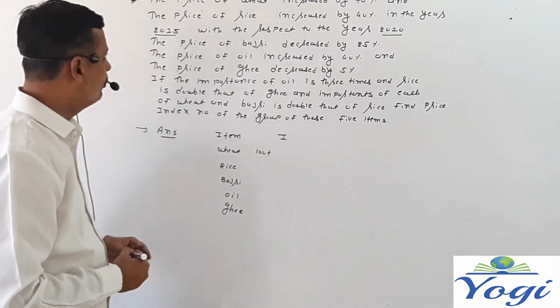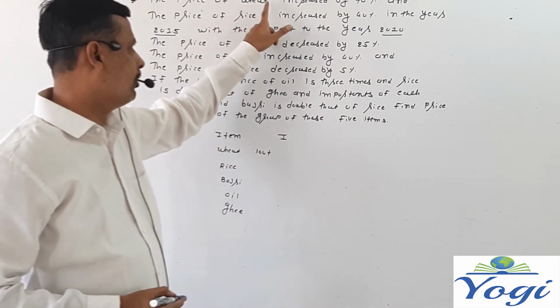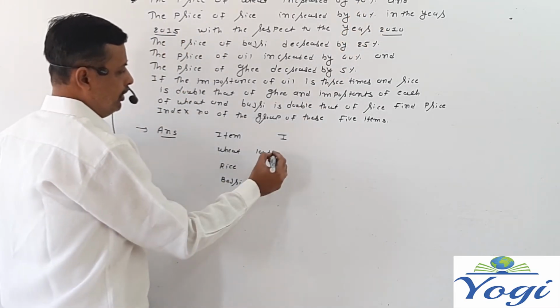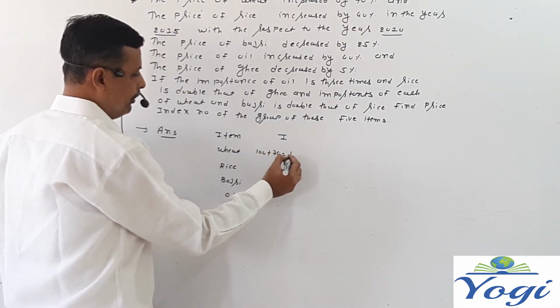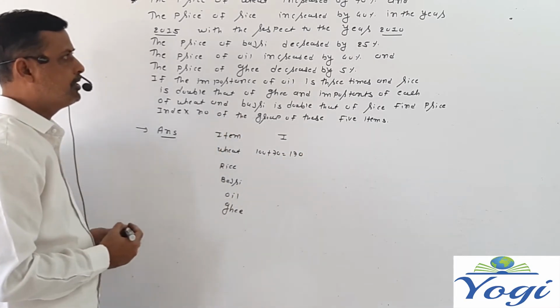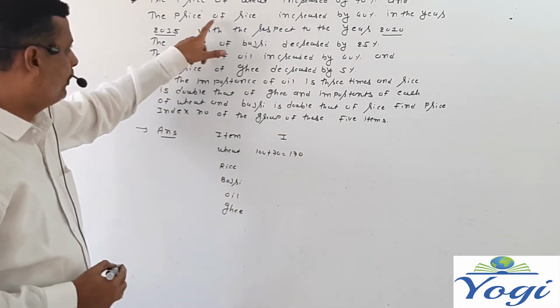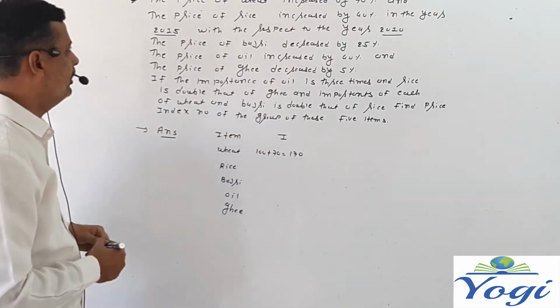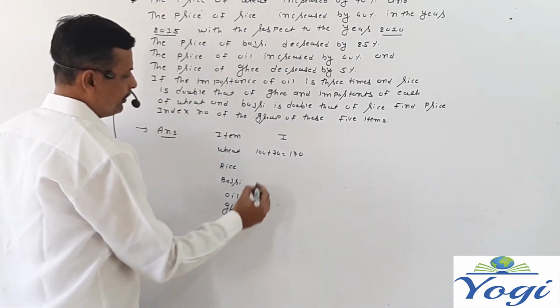Now in the year 2015, price of wheat increased by 70%. So 100 plus 70 become 170.